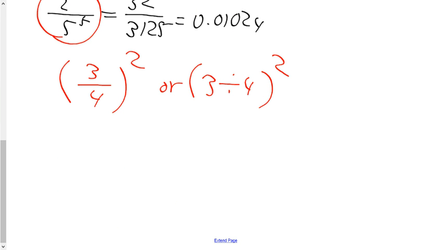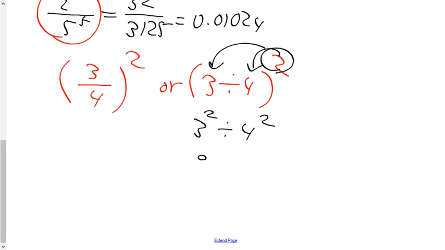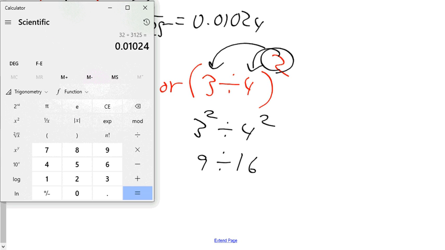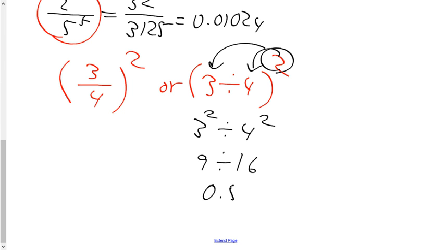That's 9/16, and 9/16 can be converted to a decimal. But what you're asked to do using the law is allocate that 2 to both parts of your quotient. 3 squared divided by 4 squared, or 9 divided by 16. 9 divided by 16 is 0.5625.